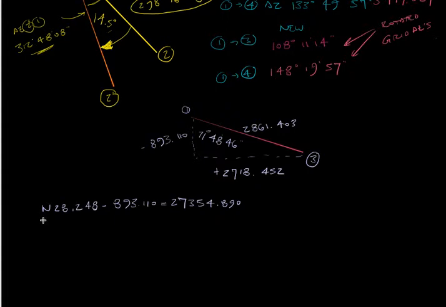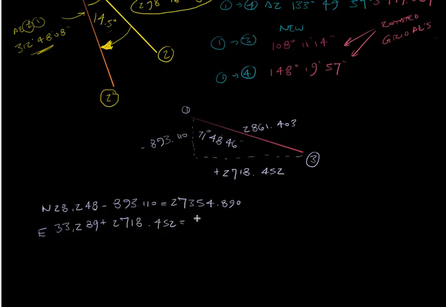Alright, and then easting to point 1 is 33,289. You want to add 2,718.452.